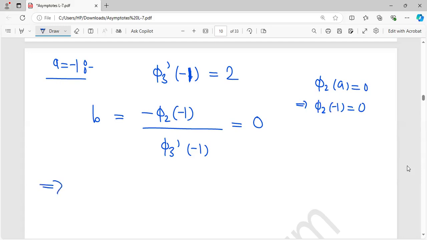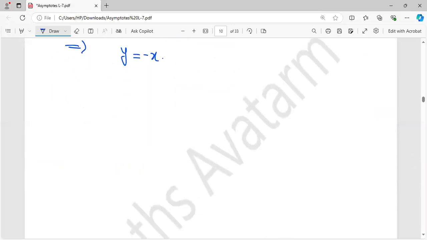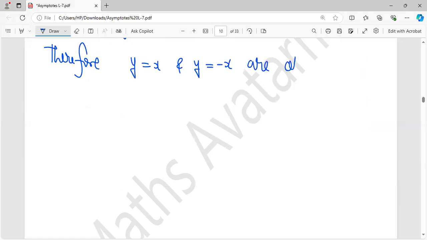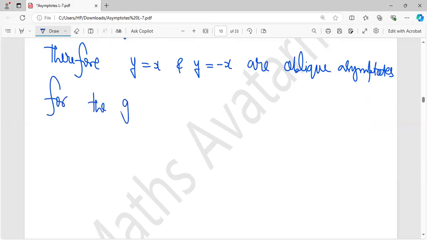So y is equal to ax plus b, we put the value: minus x plus 0. This implies y is equal to minus x. Therefore, y is equal to x and y is equal to minus x are oblique asymptotes for the given curve.